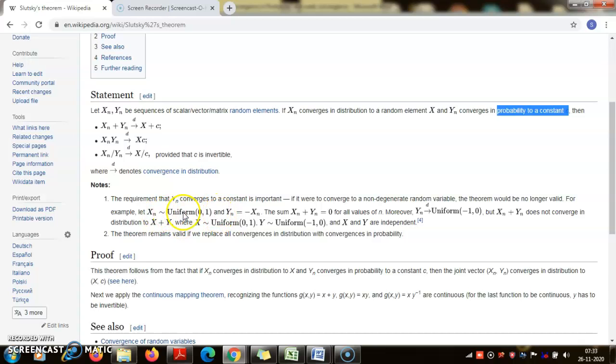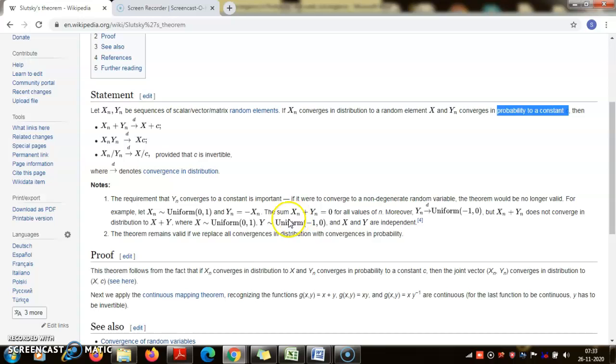Suppose all Xn's follow the uniform distribution on 0, 1, and Yn equals minus Xn. So Xn plus Yn is 0. Here Xn plus Yn is converging almost surely, in probability, in law, in every sense to 0, because Xn plus Yn is 0.